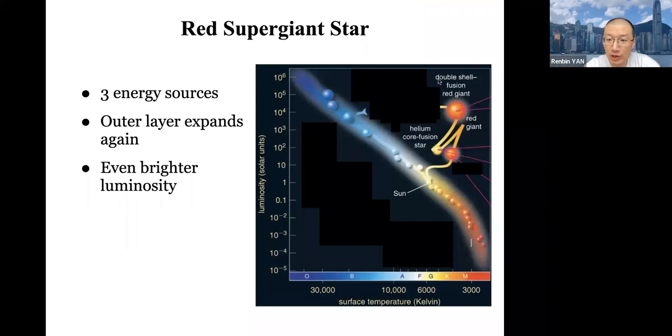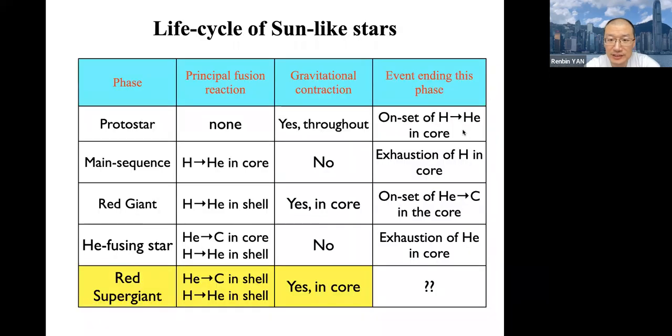This is also what we call a double shell fusion red giant. So the star becomes even bigger than what it was during the red giant phase, and so we call it a red supergiant. This is also a double shell fusion star, so you have 2 energy productions in shells, and then 1 energy production caused by gravitational contraction in the core.